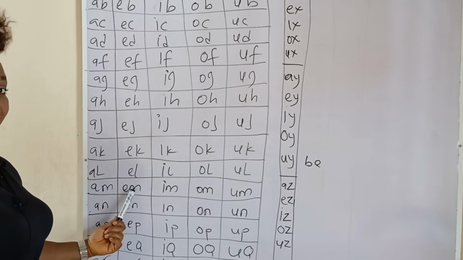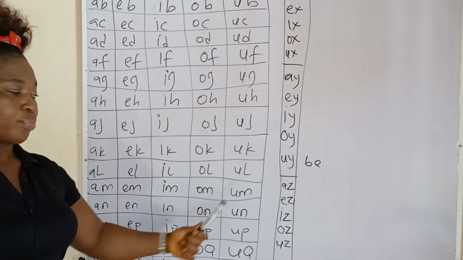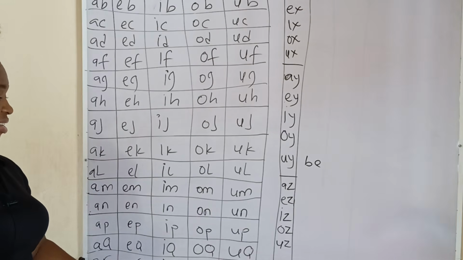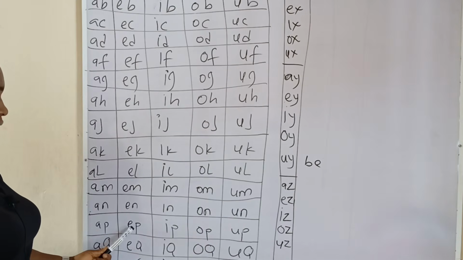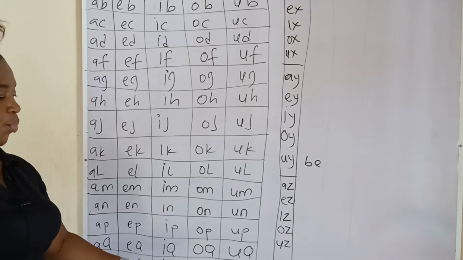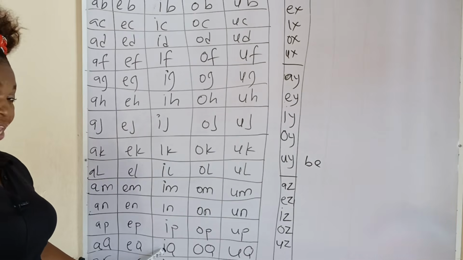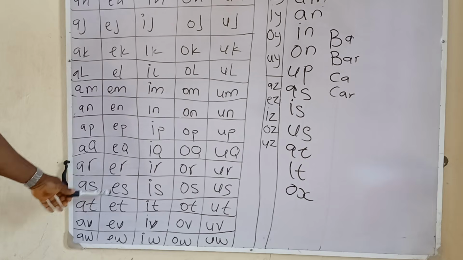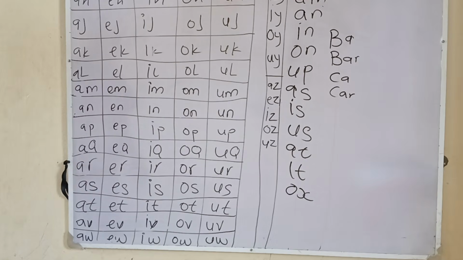Am, em, im, om, um. An, en, in, on, un. Ap, ep, ip, op, up. Af, ef, if, of, uf. A, e, i, o, u.